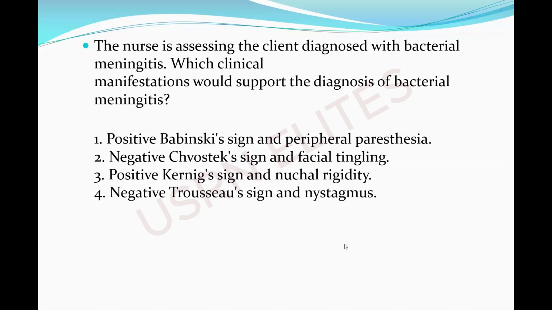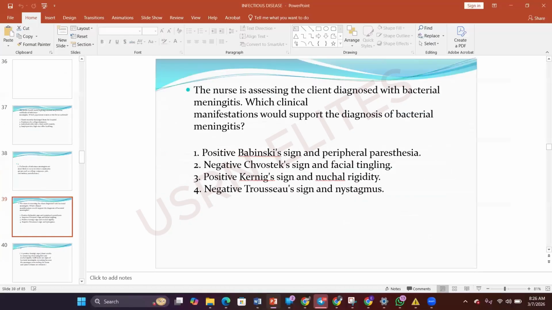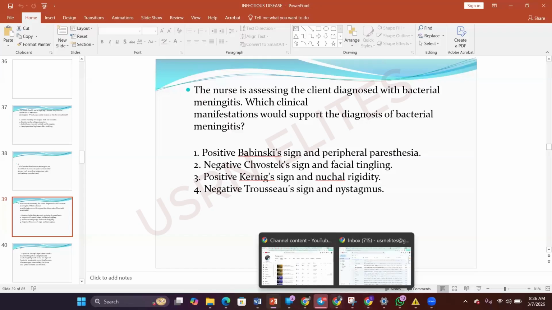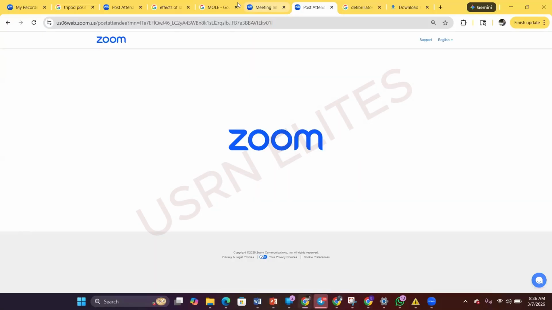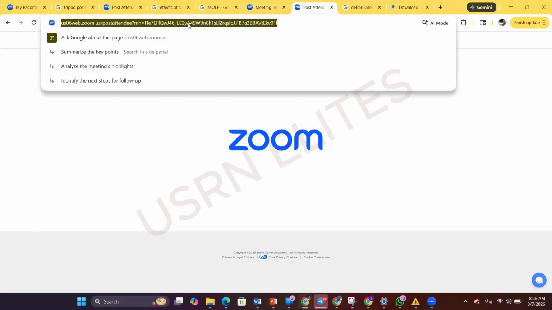Someone didn't visit the page the whole of yesterday. Okay, so who can tell us how the Chvostek sign is?